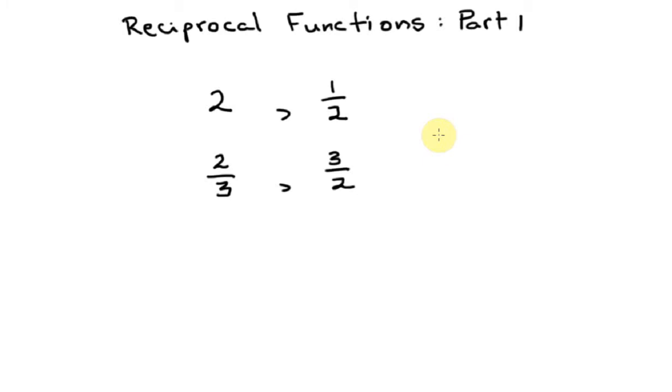Okay, how is this going to be affecting graphs? Well, let me just give you the big picture here. What we're going to be doing is taking a situation where we have a function like y equals f of x, and we're going to be attempting to draw the reciprocal function, which is 1 over f of x.